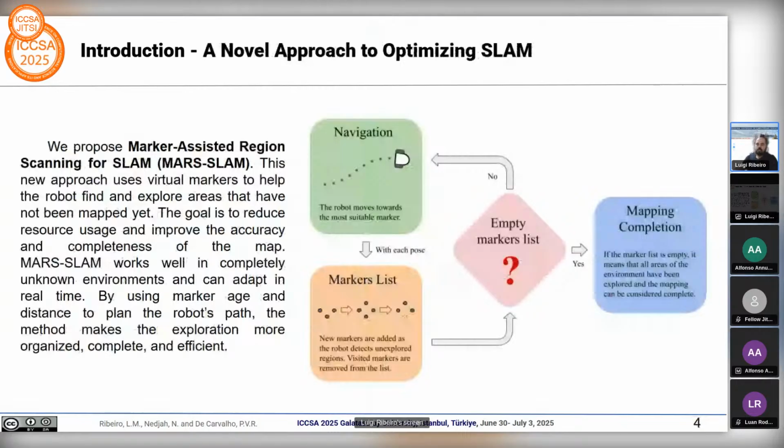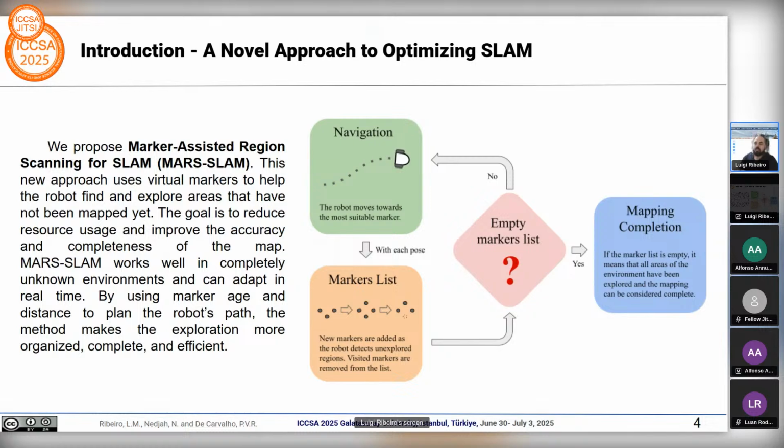We propose Mark Assisted Region Scan, MARS-SLAM. This new approach uses virtual marks to help the robot find and explore areas that have not been mapped yet. The goal is to reduce resource use and improve the accuracy and completeness of the map.